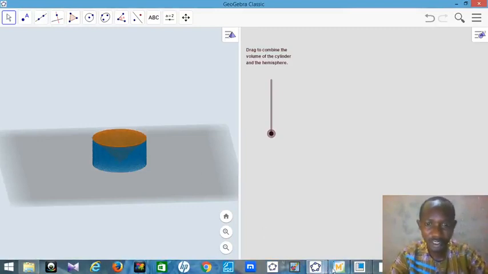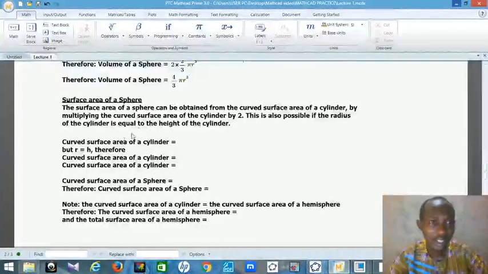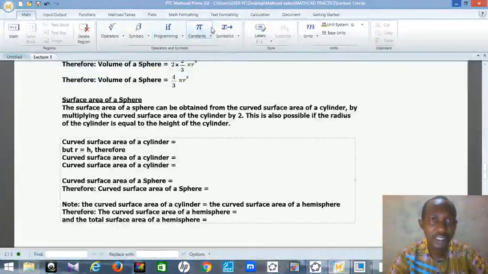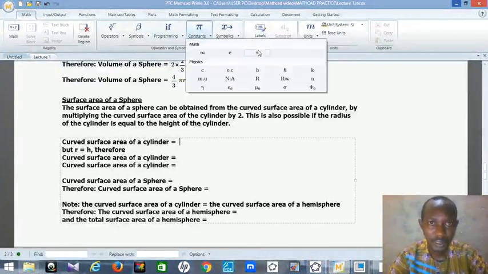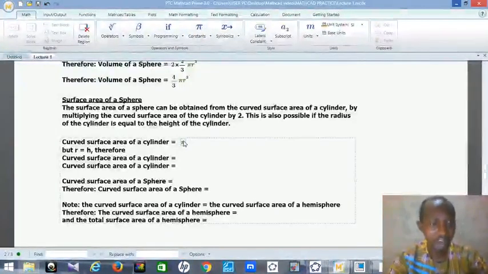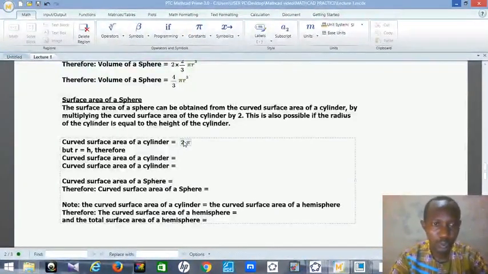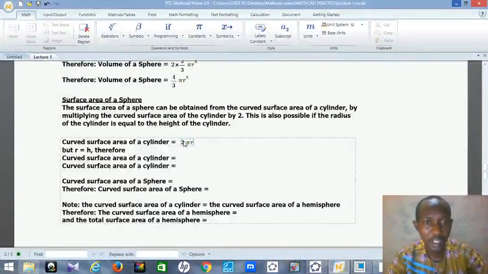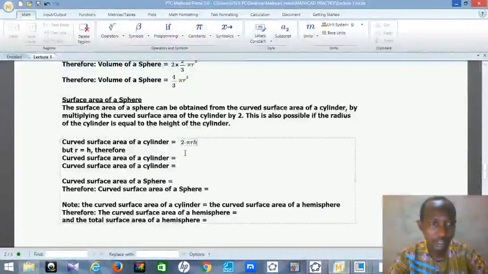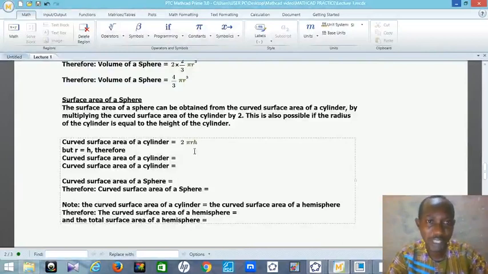And what is the curved surface area of a cylinder? It's very easy. The curved surface area of a cylinder is 2 pi r h. The 2 pi r is the circumference of the circular base, then multiplied by the height of the cylinder.